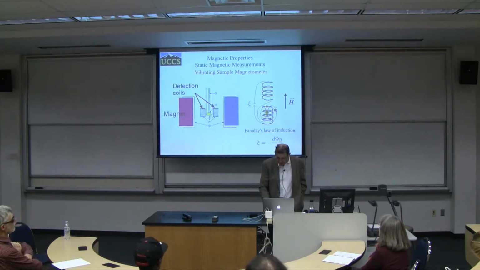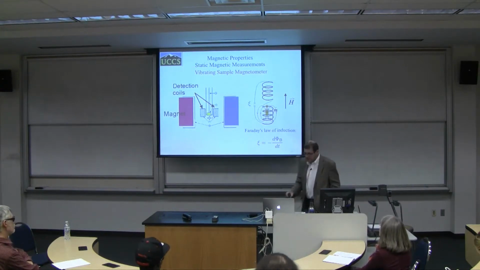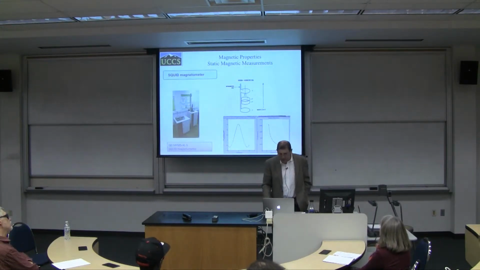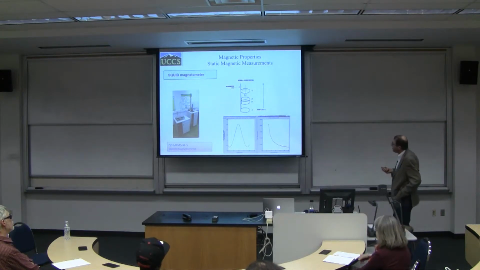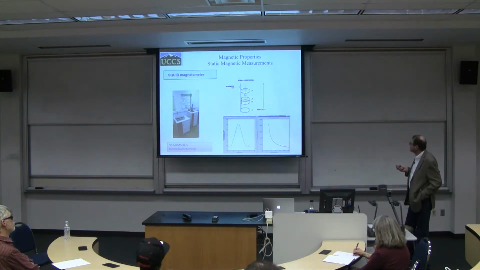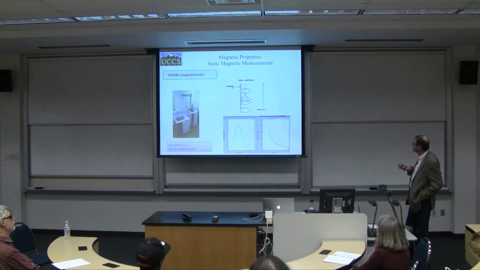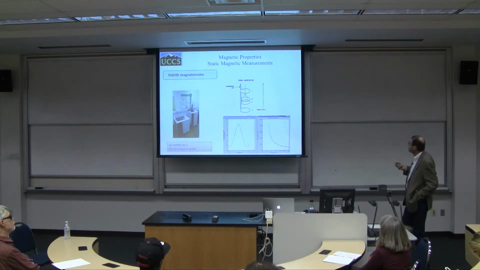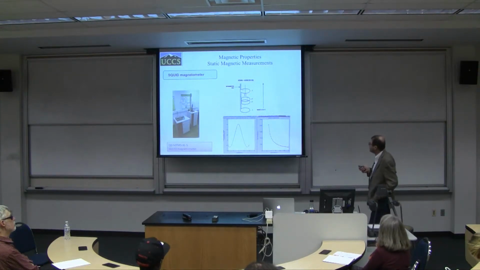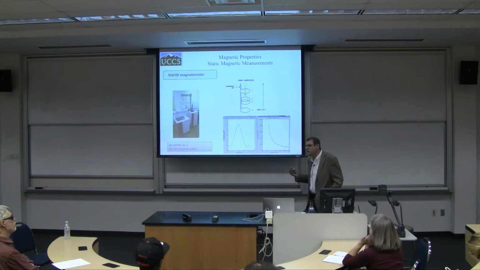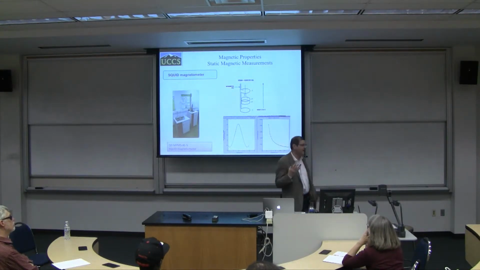Another thing which we have in our lab is a SQUID magnetometer, and here we are using the fact that the sample also moves up and down between these superconductive coils, and I can measure again how much moment I have moving between these 2 superconductive coils. Why are we using two different devices?